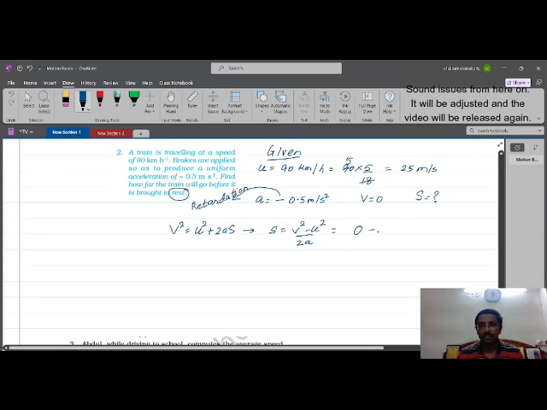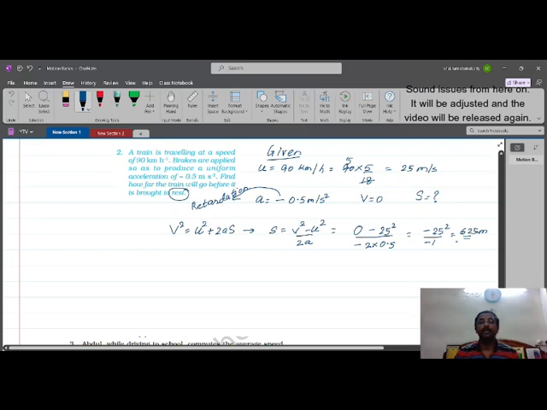Initial velocity is 25, so that's 25 square upon minus 2 times a, which is 0.5. Now 2 times 0.5 gives you 1. So it is minus 25 square upon minus 1, and that should be 625 meters.